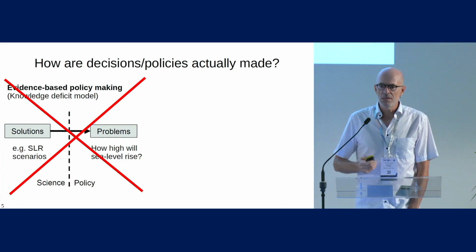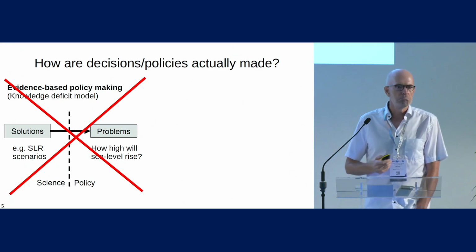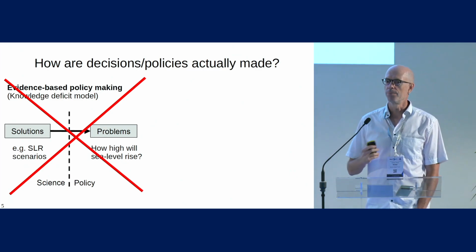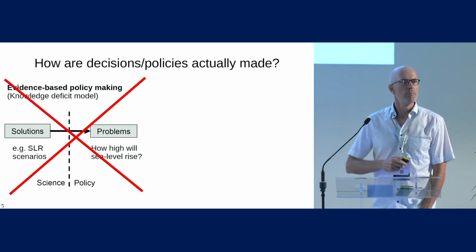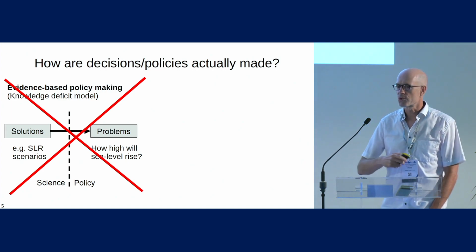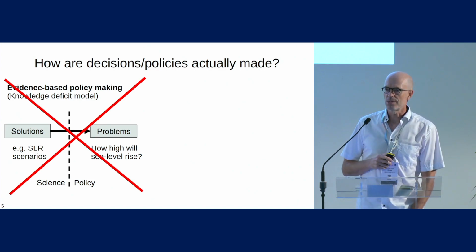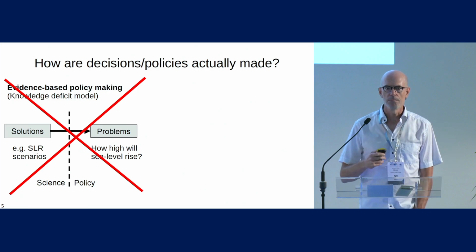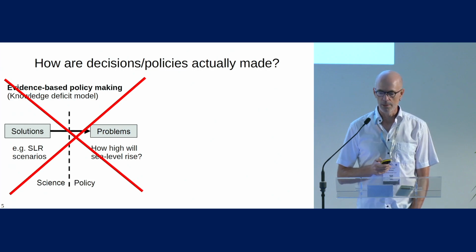This model is simply empirically wrong. It basically hardly exists, in particular not in our domains. I mean, if you look at, I don't know, material sciences, of course, sometimes stuff is developed upon an explicit knowledge gap in industries, but generally it hardly exists. But it's very prominent.